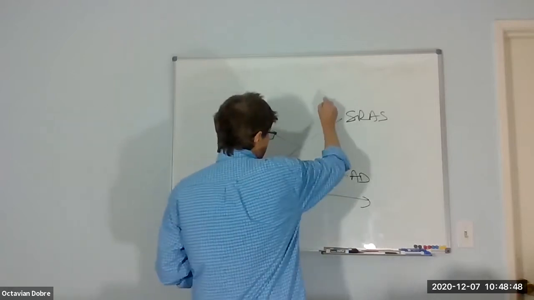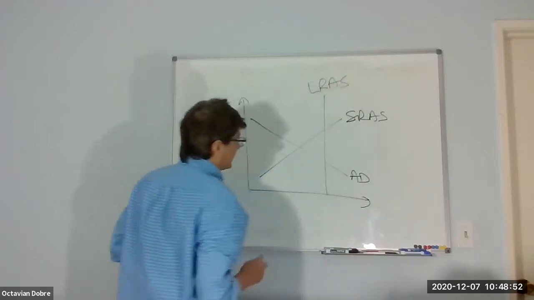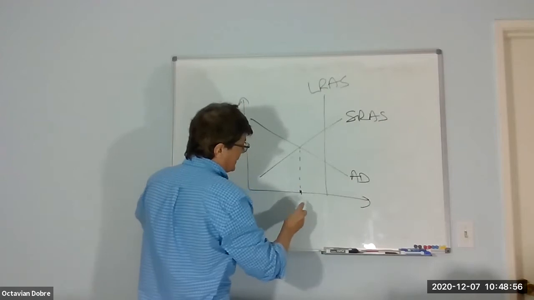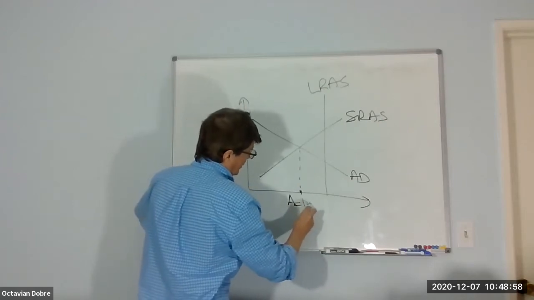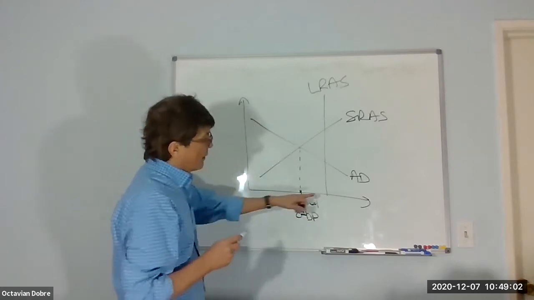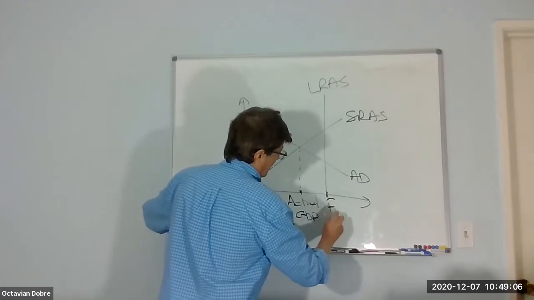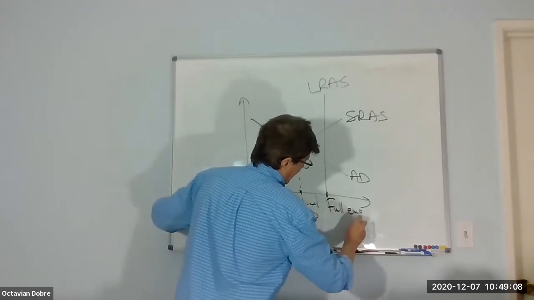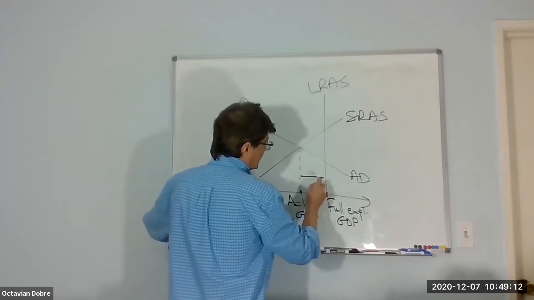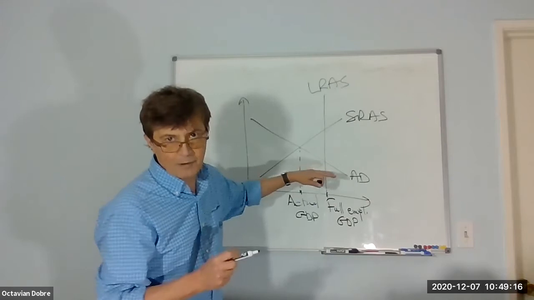So let's say that it's here. That means that the actual GDP is here, and full employment GDP is here. So we are having a recession. This is the recessionary gap.